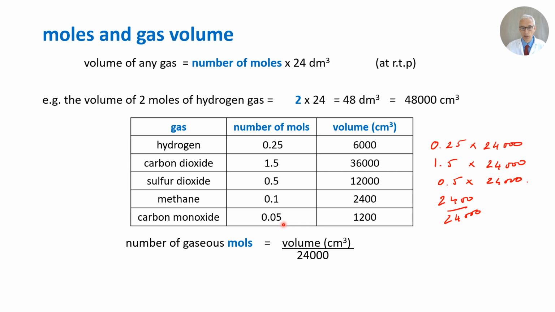So from the volume of a gas, we can calculate the numbers of moles. From the numbers of moles, we can calculate the volume of gas. Simply using this or rearranging this relationship, the volume of any gas is the numbers of moles times the molar gas volume, 24 decimeters cubed, or 24,000 centimeters cubed.